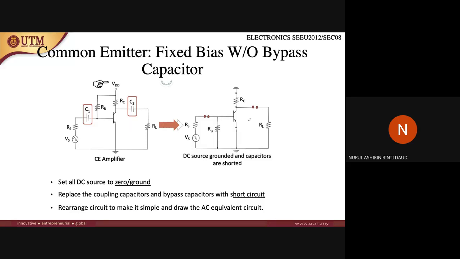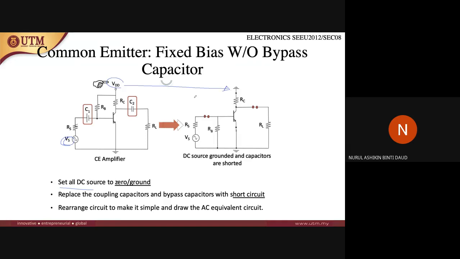But if we haven't found the value of IB, IC or VCE, then you have to find it first using the DC equivalent circuit, the DC analysis. To solve this, first set all the DC sources to 0, ground. So identify first where the DC source is. These are the DC sources, and this is the AC source, so this source should be grounded.